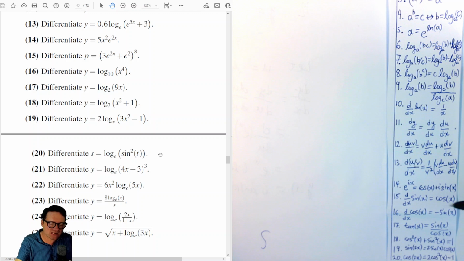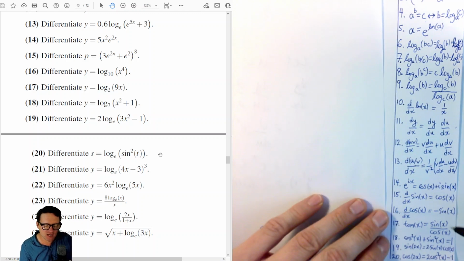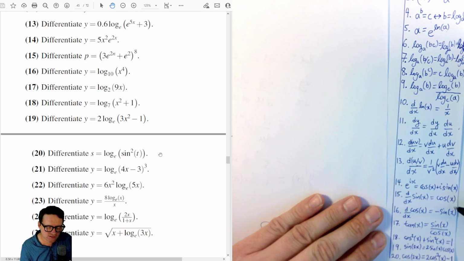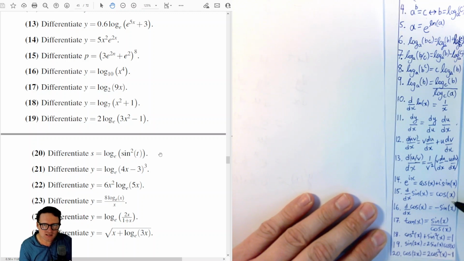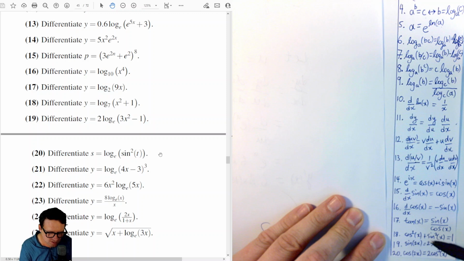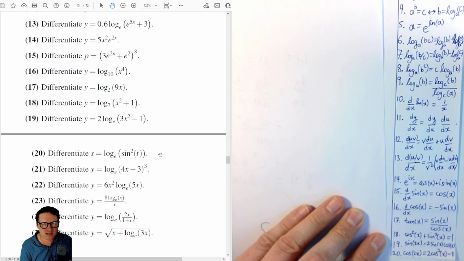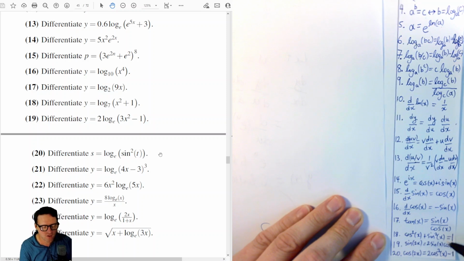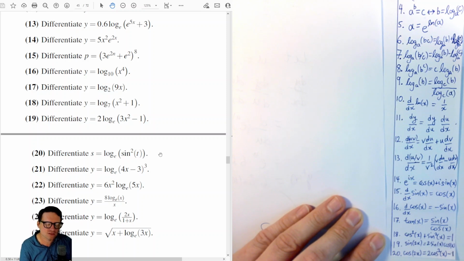Okay, and since we see that logs and exponents are related to trig functions, the rest of my rules here are rules for differentiating sine and cos. So the derivative of sine is cos, the derivative of cos is minus sine. Remembering that tan of x is sine of x over cos of x. Remembering that cos squared plus sine squared is 1, or that the point cos x comma sine x parameterizes the unit circle.